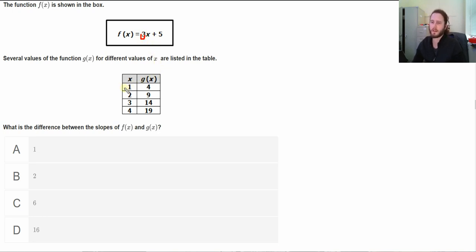And for this one, x went up by 1, and the result went up by 5. So rise over run, that's 5 over 1. So the slope here is going to be 5. So the question was, what is the difference between the slopes of those two equations? And the difference in 5 and 3 is going to be 2. That's going to be our answer for this one.